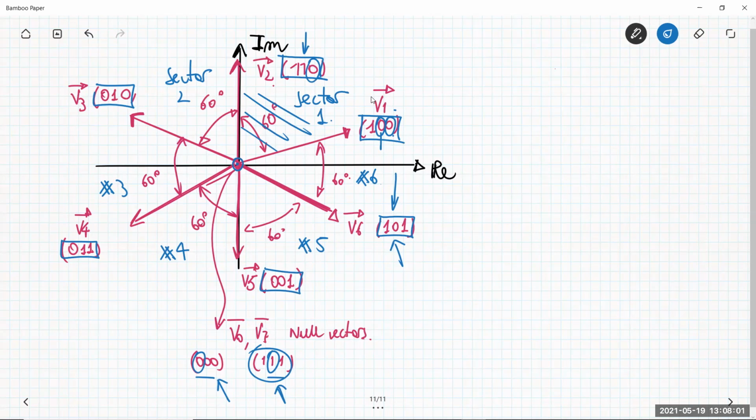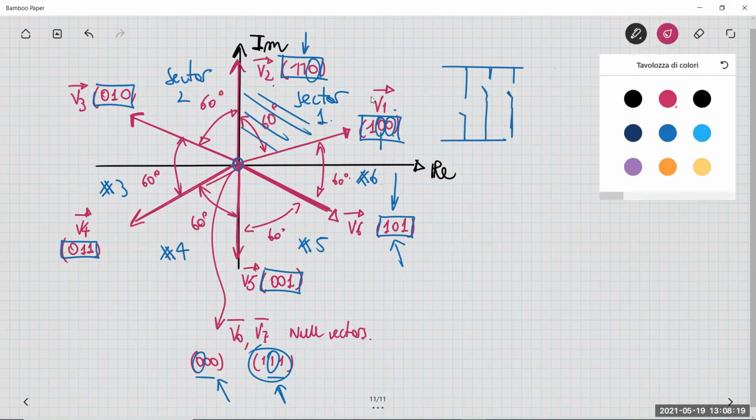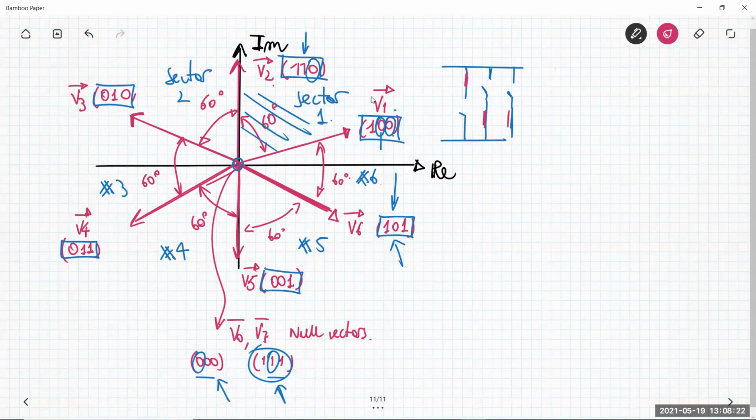So for example, for 1, 0, 0, which is this combination here, if you want to move from V1 to V2, then you have to consider the second bit, so the leg B. And then you have to close this switch here and open this one.